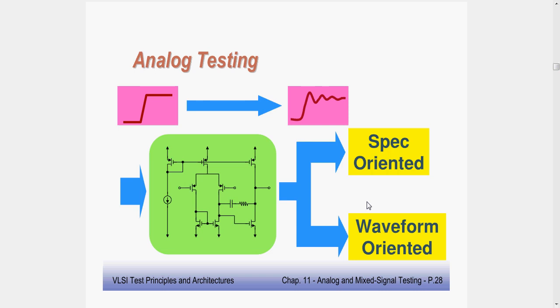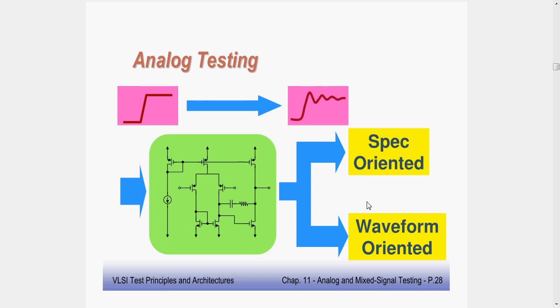The input is a known parameter. So for a given circuit and for a given set of stimulus, we get a response, and by comparing the response with that of the ideal outputs, we can test the performance of the particular circuit.